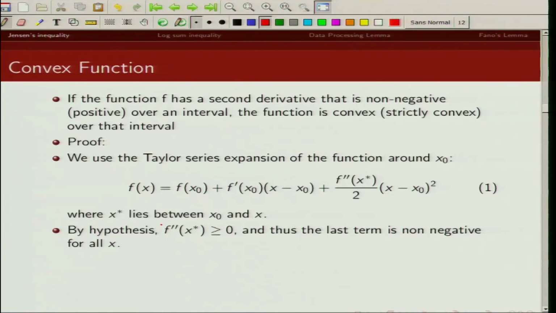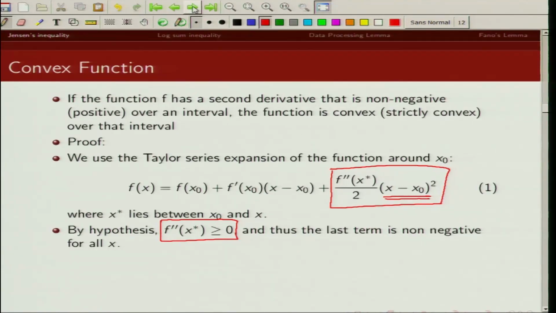If the second derivative is non-negative, then this last term is going to be non-negative, since this is the square of x minus x naught, which is also non-negative. So this whole term will be a non-negative term.